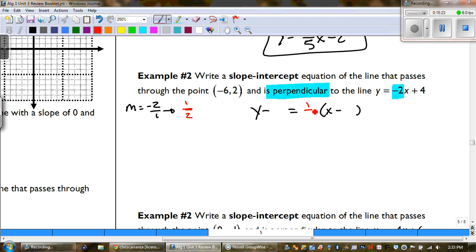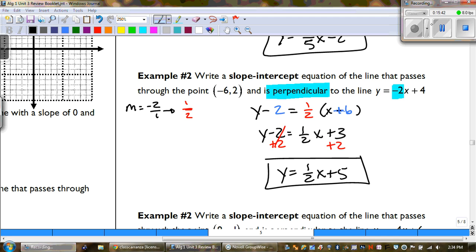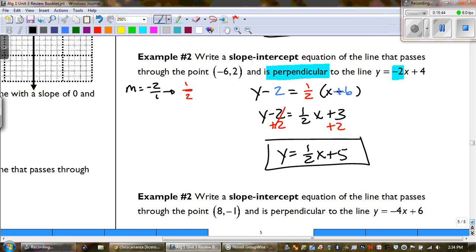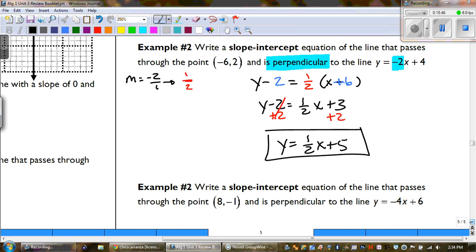My opposite reciprocal slope is 1/2. Why don't you guys go ahead and solve? Pause the video and good luck. Okay, and you should be getting y equals 1/2 x plus 5.